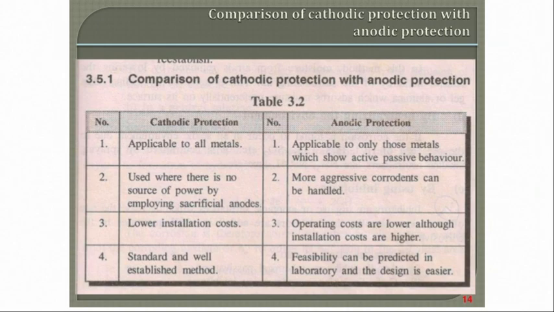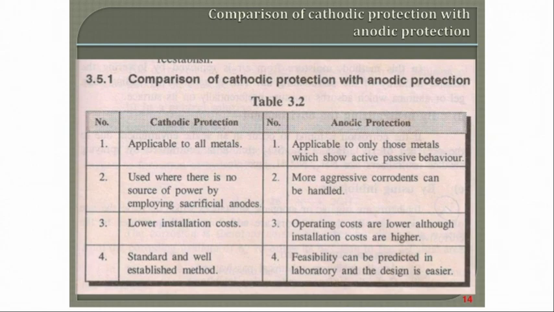So, if you compare cathodic protection and anodic protection, you can understand that cathodic protection is more versatile, can be applied to any material, and can be applied for getting rid of any kind of aqueous corrosion problem. But anodic protection can only be applied to materials which undergo active passive transformation, active passive behavior, and more aggressive corrodants can be handled.